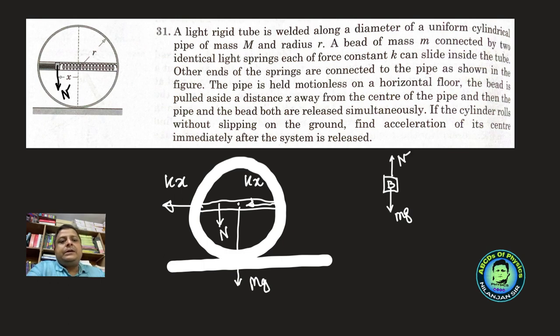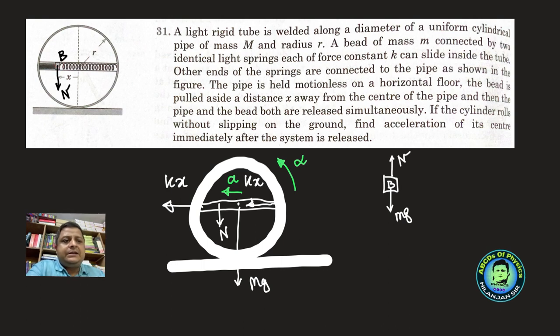Now suppose the acceleration of this cylindrical shell be a, and the angular acceleration of the cylindrical shell be alpha. What is the acceleration of the block B? So there's the block B here. The acceleration of the block B is downward.